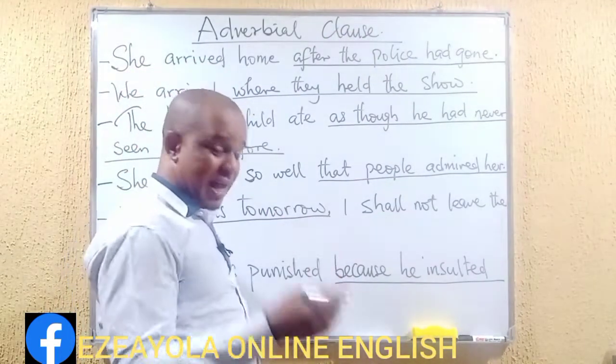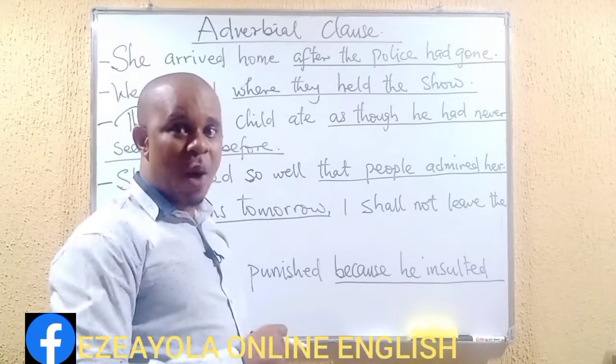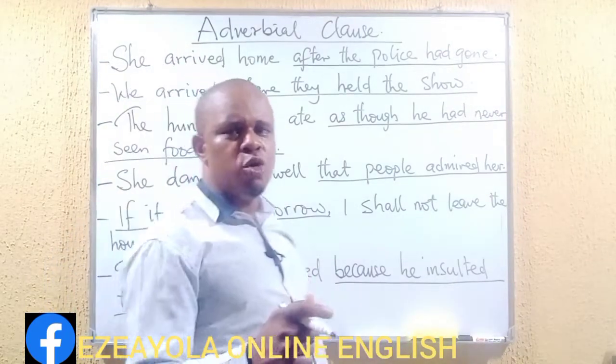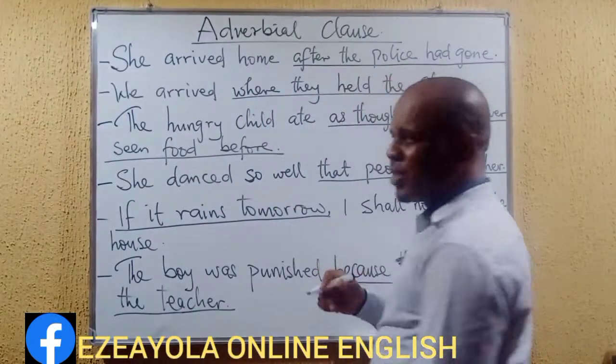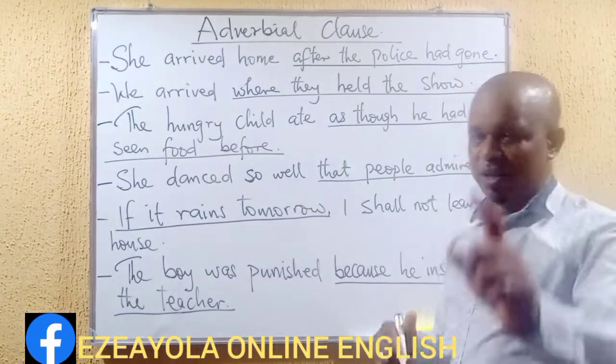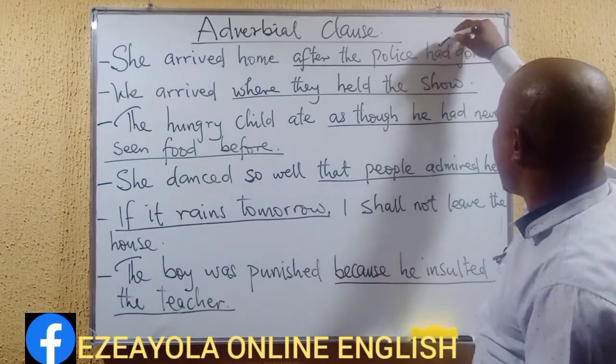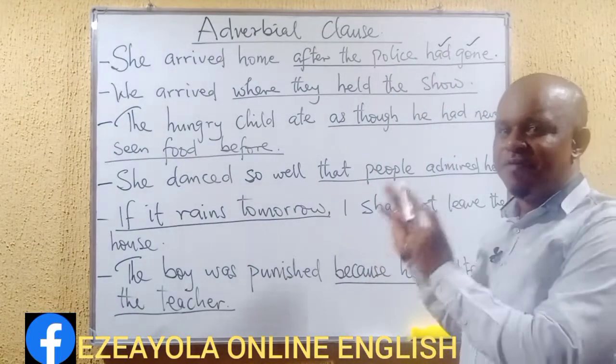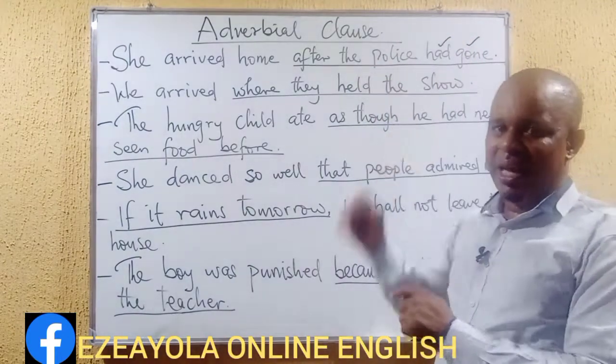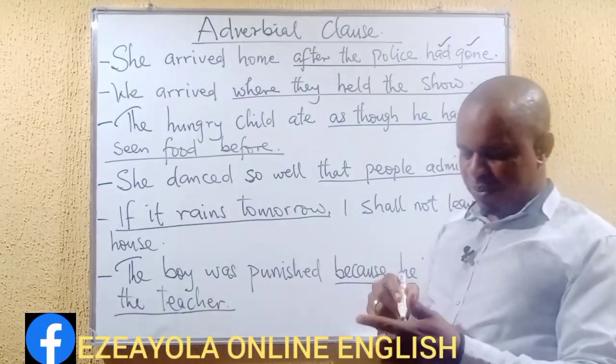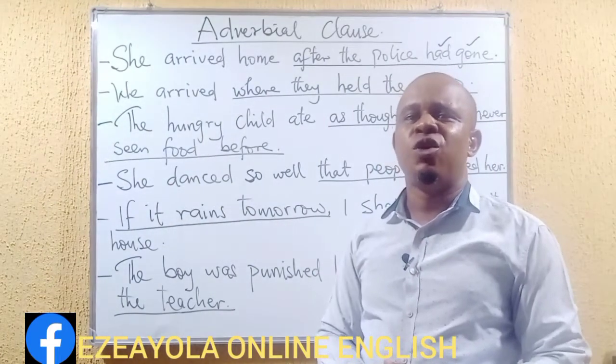Why adverbial? Why a clause? Like I told you, clauses must admit the presence of verbs. It is a necessity. Look at it: had gone. They are the verbs contained in the expression. Remember, please, adverbials answer the question when.